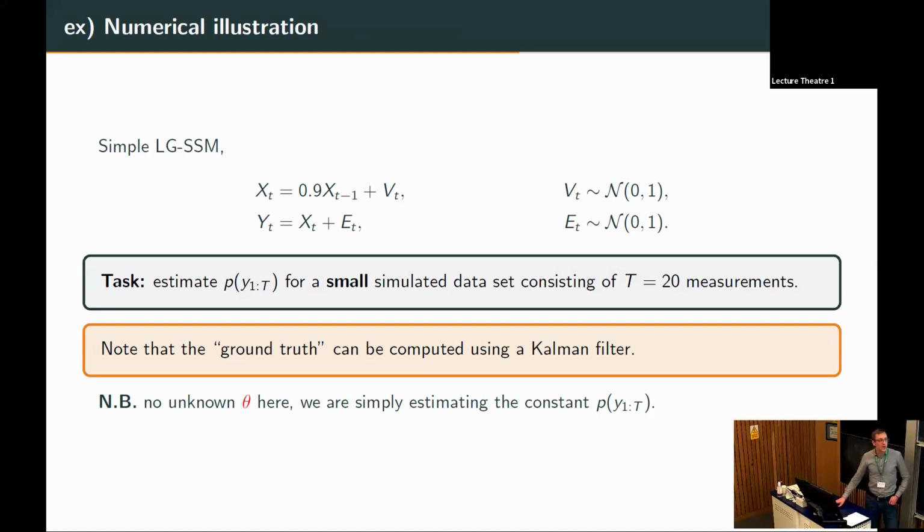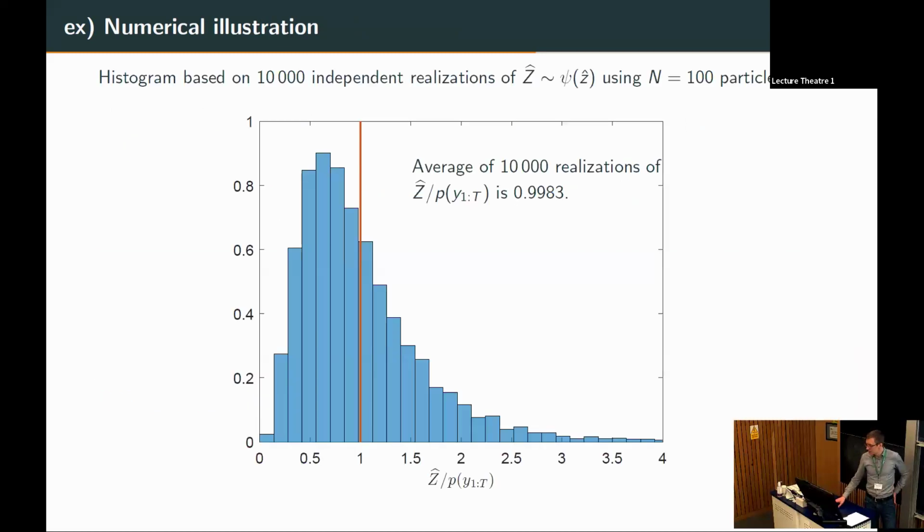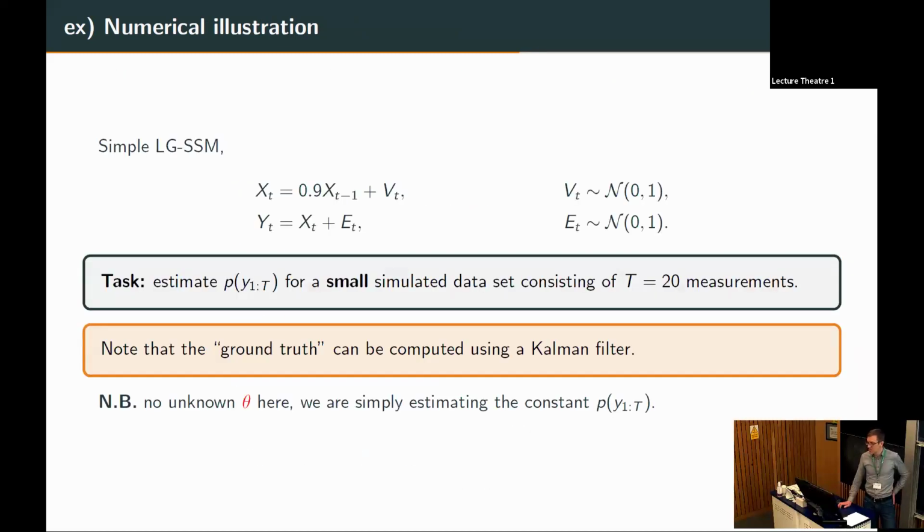Just as an illustration of what this unbiasedness and the randomness of this estimator means, consider a simple linear Gaussian state space model. This is simple enough so that I can actually compute the exact likelihood using a Kalman filter, as I said before. But I can also apply a particle filter to this just to test the properties of this likelihood estimator.